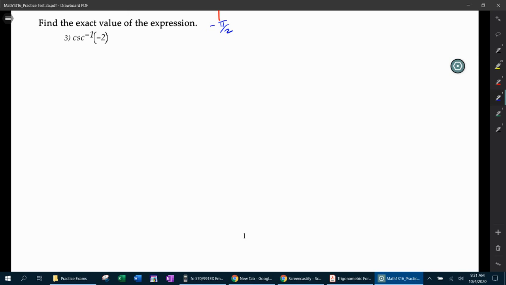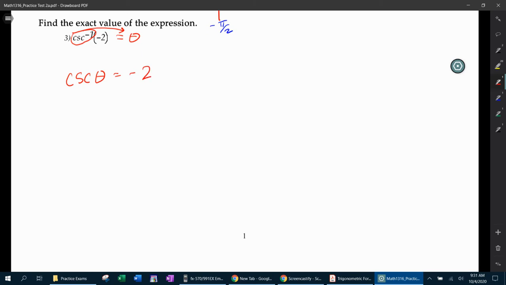Next, find the exact value of the expression. So remember that an inverse trig function produces an angle. This time I'm going to take the inverse cosecant to the other side, which will turn that into regular cosecant of theta equals negative 2.